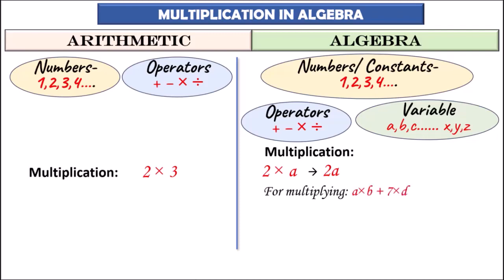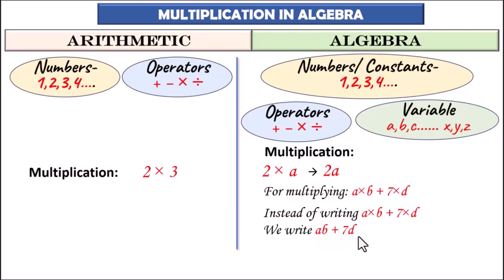For multiplying a into b plus 7 into d, instead of writing a multiplied by b plus 7 multiplied by d, we simply write ab plus 7d. So you see how this cumbersome expression becomes very simple by writing ab plus 7d.